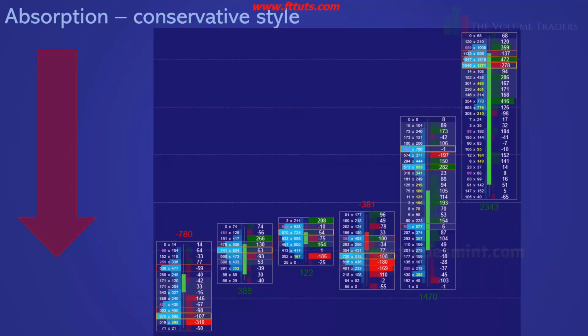So aggressive move down, meet passive buyers, and passive buyers are the buy limit orders. So these sellers need to meet passive buyers which absorb the supply of the selling side. And we see this on the bid side inside the demand zone.